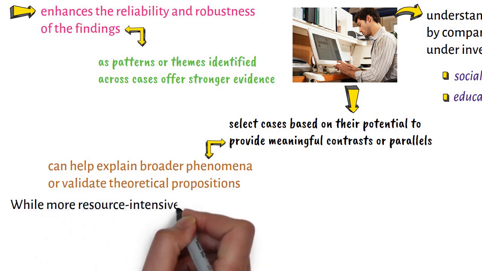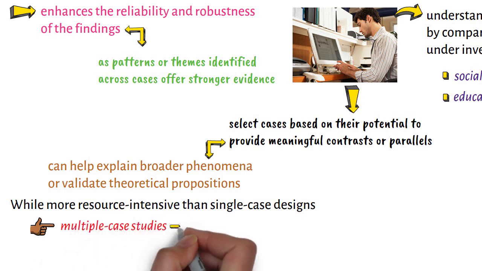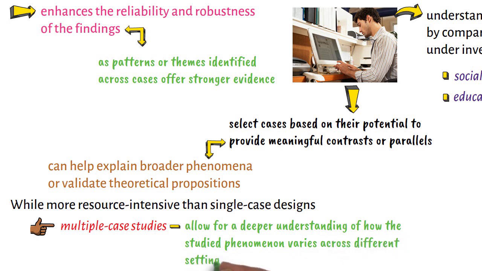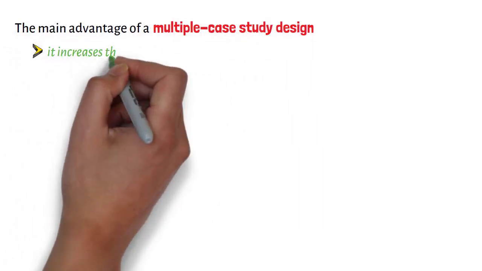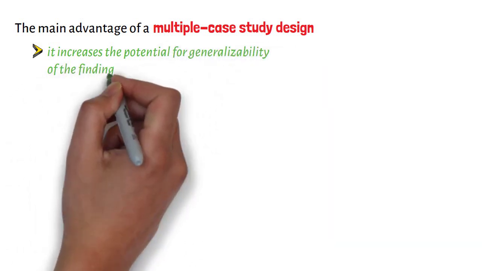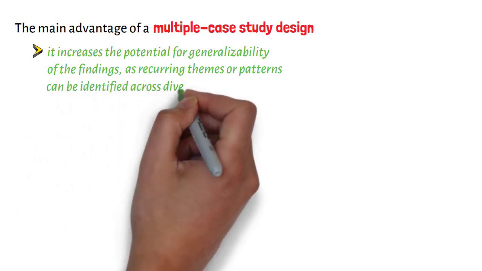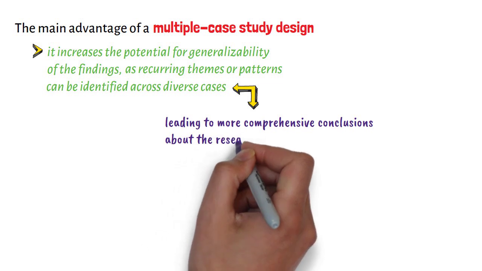While more resource-intensive than single-case designs, multiple case studies allow for a deeper understanding of how the studied phenomenon varies across different settings or circumstances. The main advantage of a multiple case study design is that it increases the potential for generalizability of the findings, as recurring themes or patterns can be identified across diverse cases, leading to more comprehensive conclusions about the research subject.